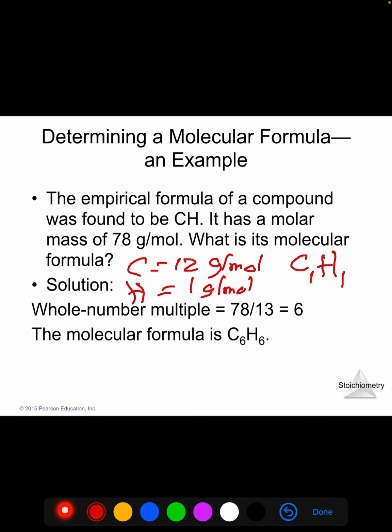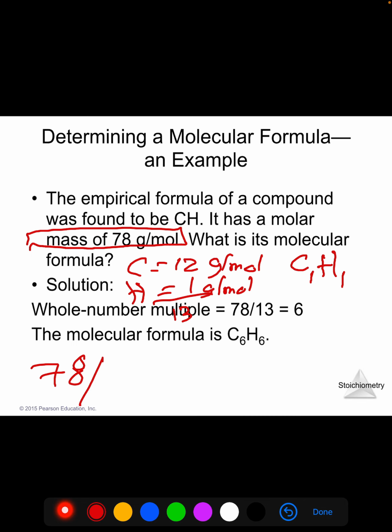And so we know its overall molar mass is 78. So if we divide 78 by 13, where'd that 13 come from? Well, 12 plus 1 equals 13, okay?